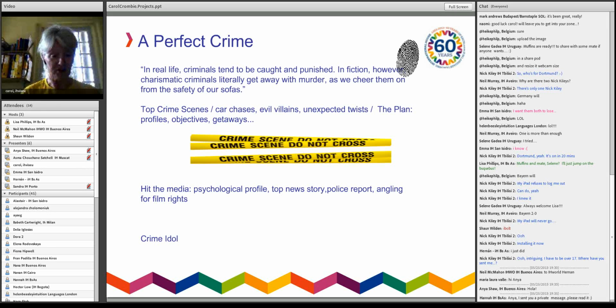Moving slightly nearer to where they're going to be actually working on their own project, a list of typical features in a crime story, involving the car chases, the evil villains, and numerous other things, where again they have to discuss the importance of each of these. Basically to get them thinking about all the elements that are going to be involved in a crime story.